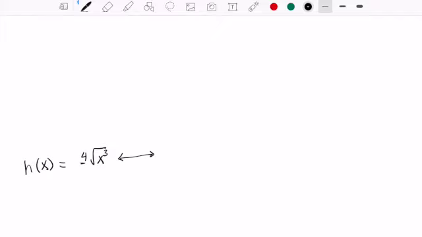Whatever the root is of our argument that we're looking at, this is always going to be the denominator of our fractional exponent. Whatever is in the radical, whatever the power of my variable is, that's going to be my numerator. And what I mean by all that is I can rewrite h of x so that h of x is now an exponent.